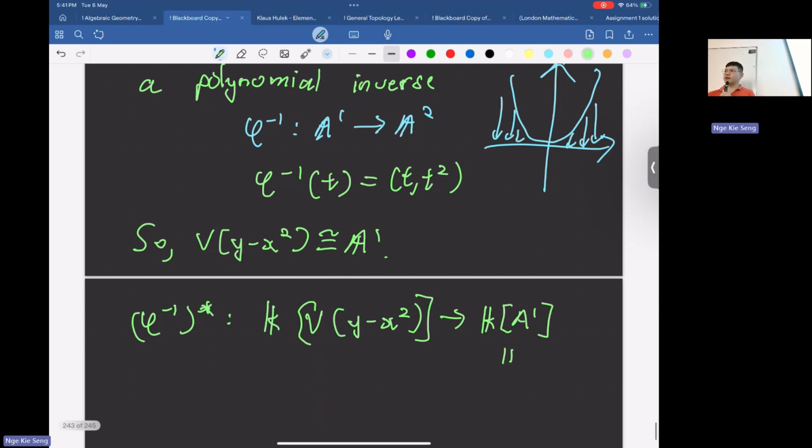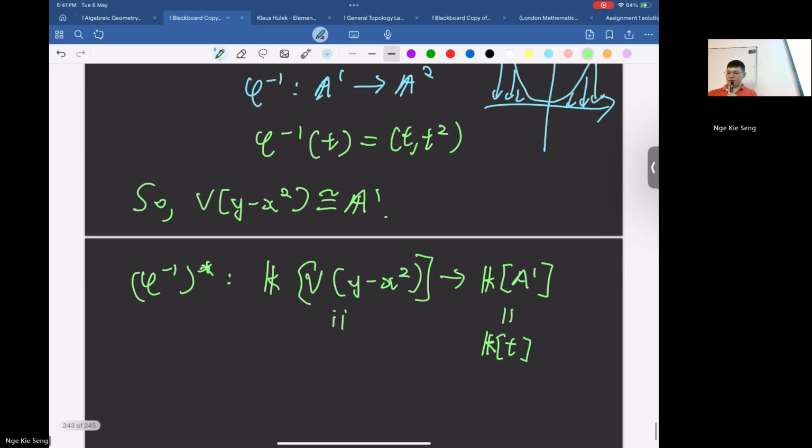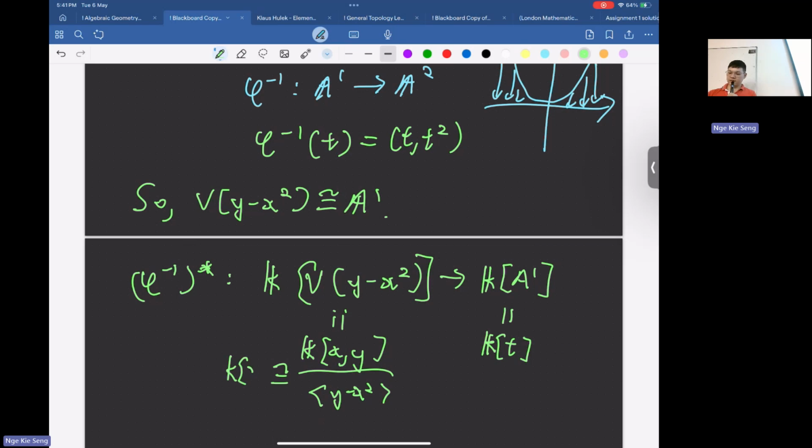K[A1] is obvious: it's just K adjoin one variable, K[t]. The other one is K[x,y] quotient by (y minus x squared). But this one is isomorphic to K[x].